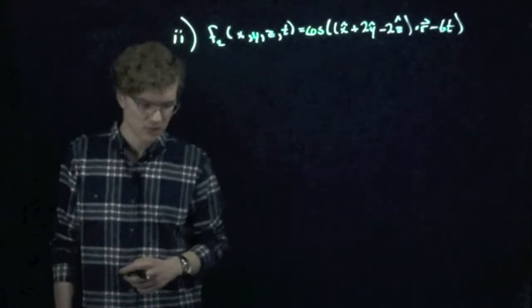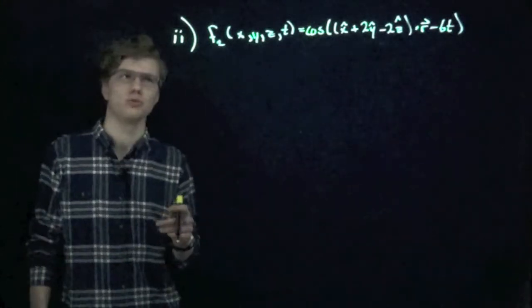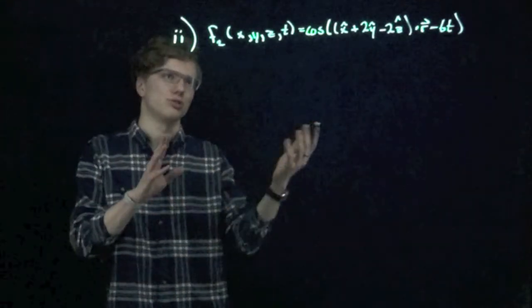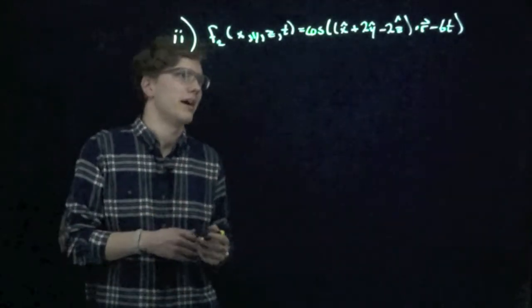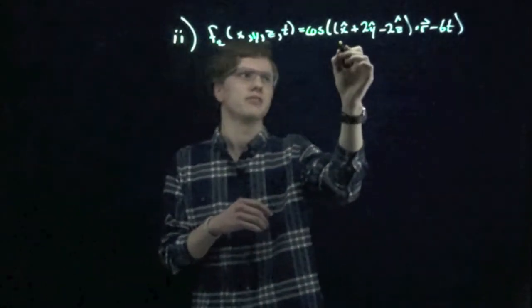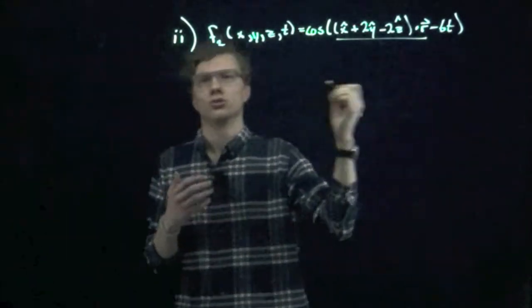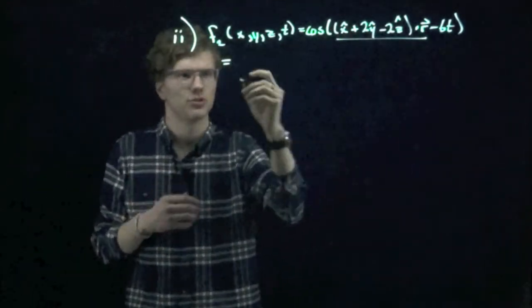Today I'm back with part 2 of question 1 on the Physics 457 practice midterm number 2. For this one we have function 2, and we can see that this function is a little bit more complicated. The first thing I want to do is get rid of these vectors, so I'm going to rewrite this after doing the dot product.